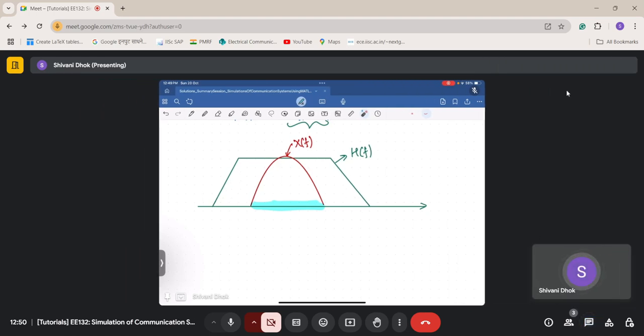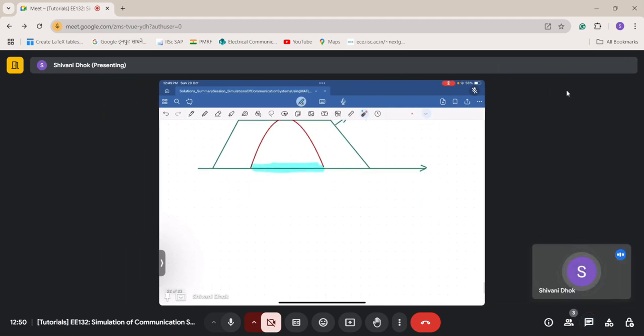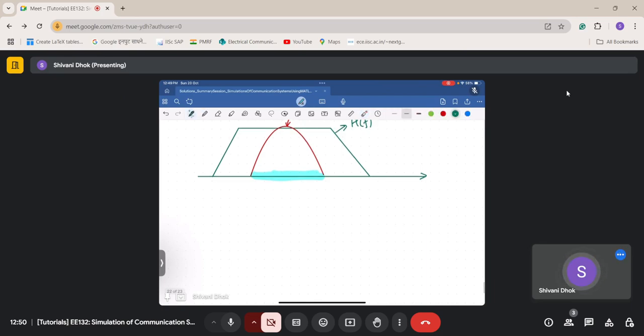Now suppose it's happening the opposite way. This is your signal bandwidth. This is your signal Fourier transform, and this is your channel. Okay, so now you will get non-zero in this part.